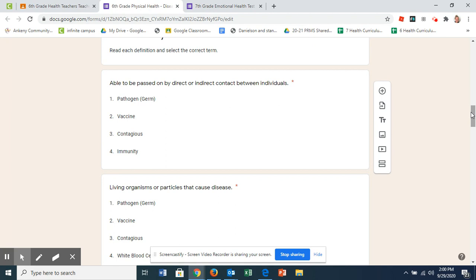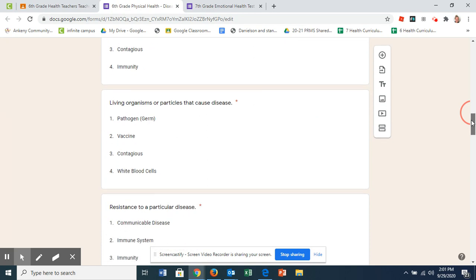The first definition: able to be passed on by direct or indirect contact between individuals. 1, pathogen. 2, vaccine. 3, contagious. 4, immunity.